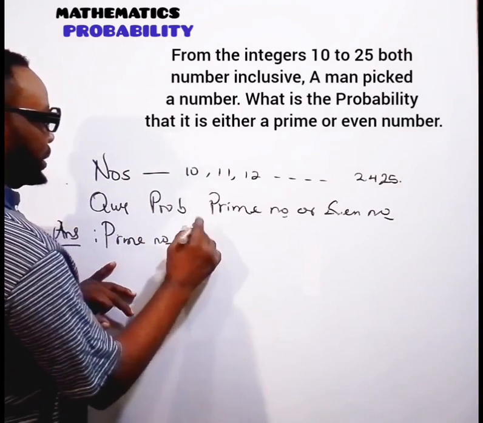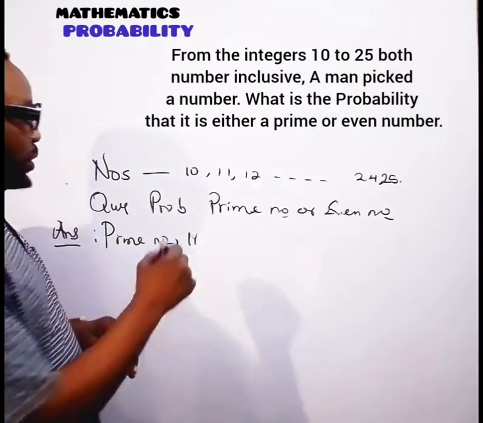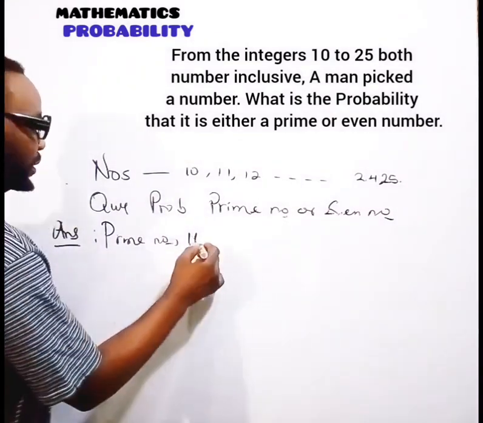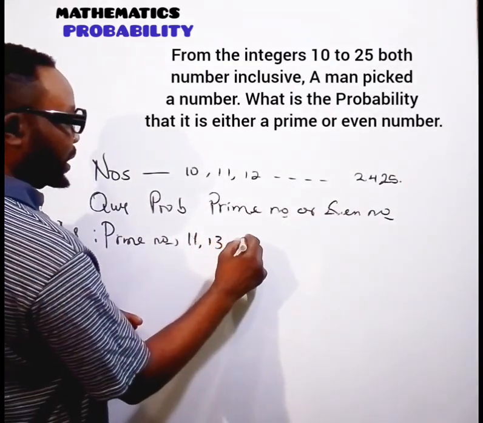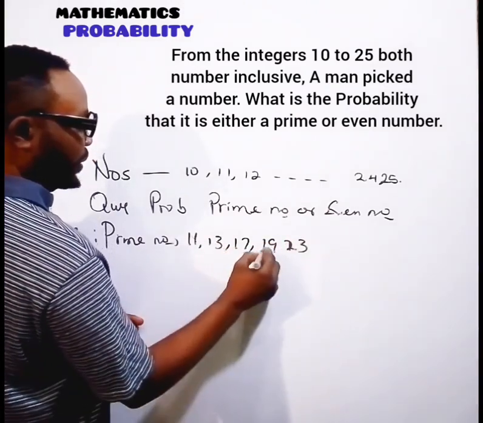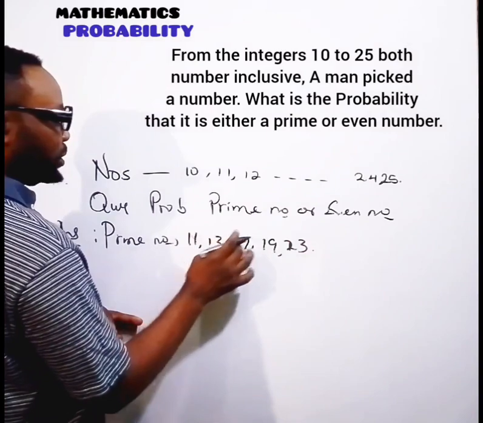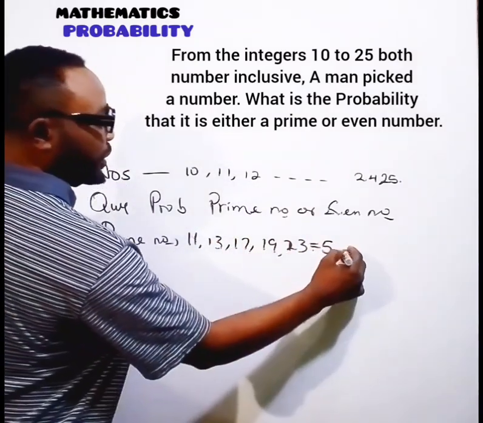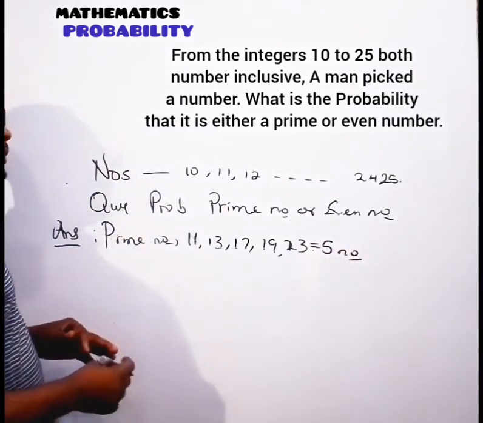Don't forget what is meant by prime number. Prime numbers are numbers that can be divided by 1 and itself: 11, 13, 17, 19, then 23. How many numbers do we have here? 1, 2, 3, 4, 5. We have 5 numbers that are prime numbers.